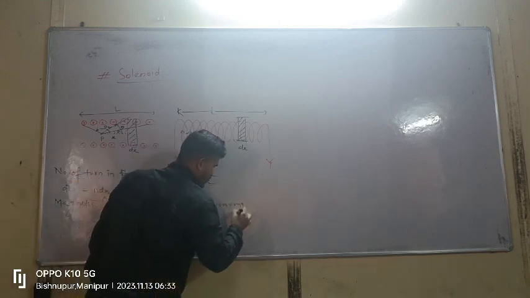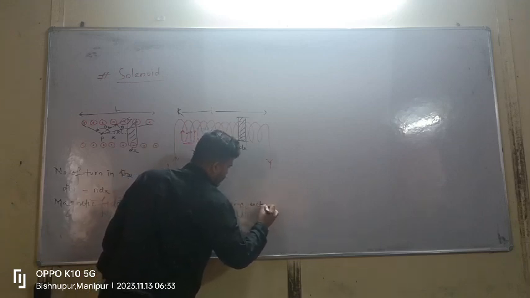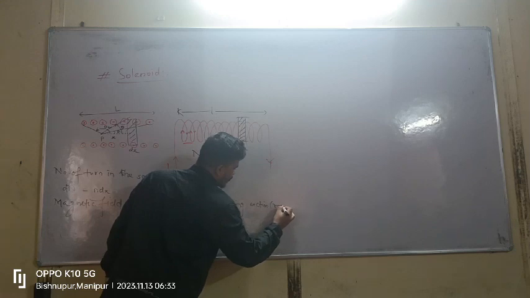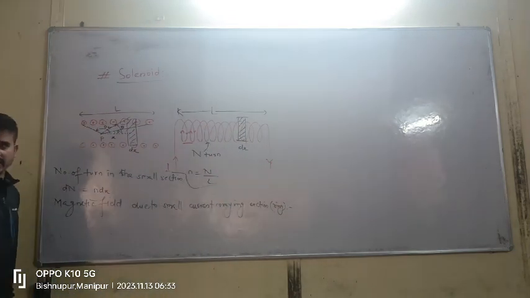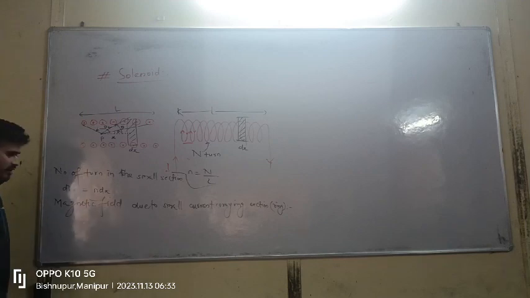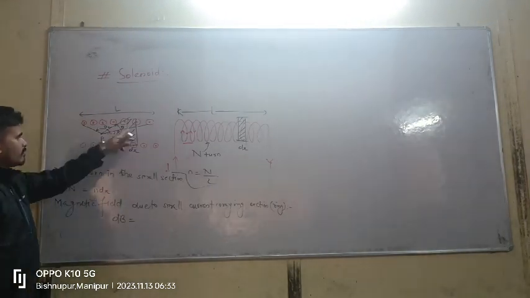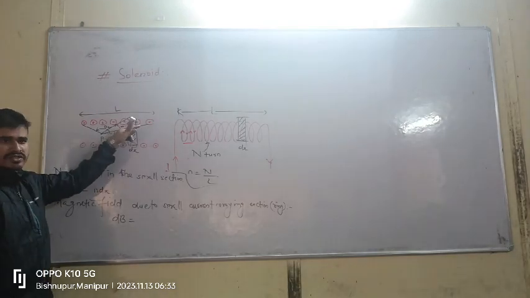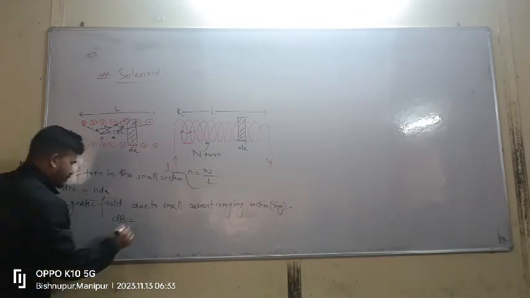What is this actually? A ring, no? Yes or no? A current carrying ring. What will be this magnetic field? Is it visible to everyone? Okay. dB equal to what? What will be the magnetic field due to this? This is a ring. Due to a ring at a distance x, what is the formula?